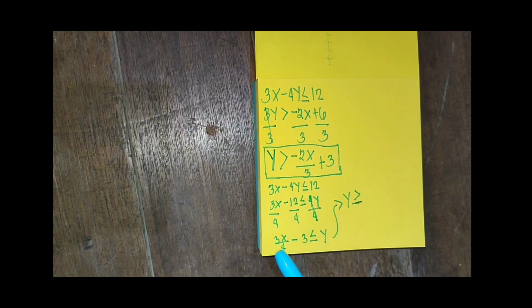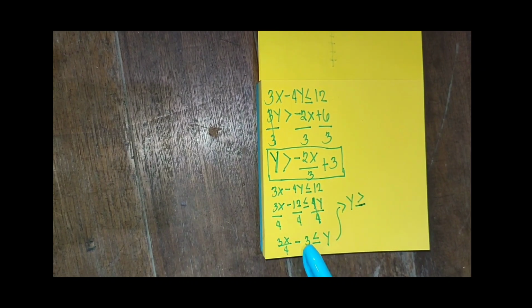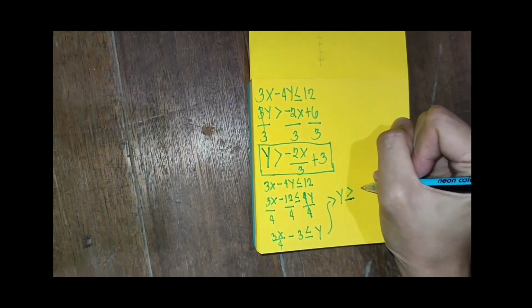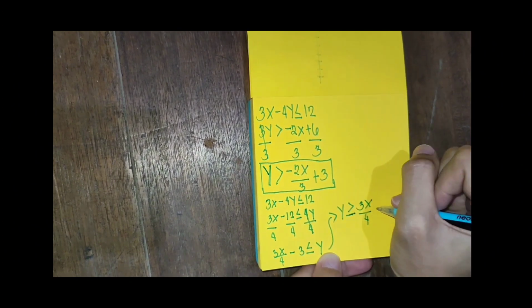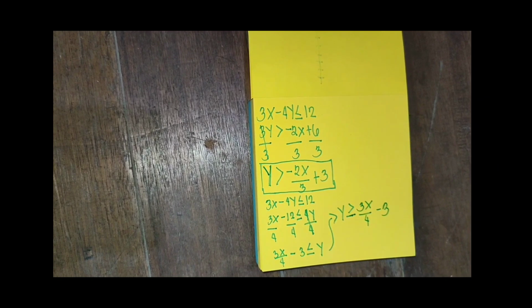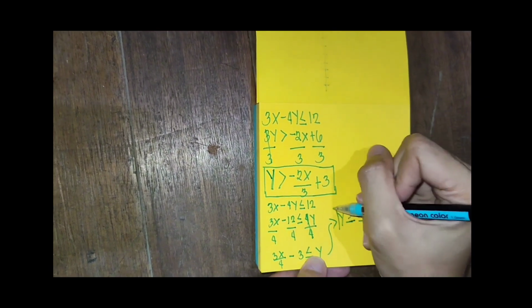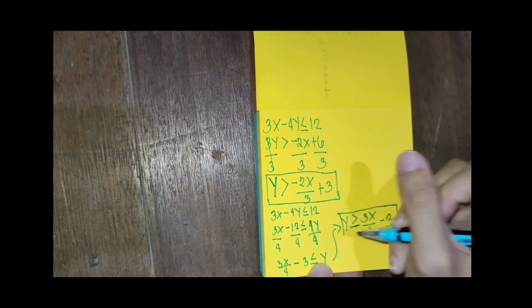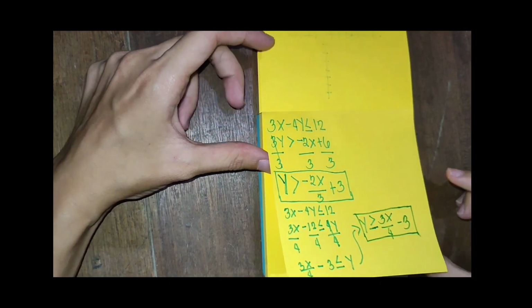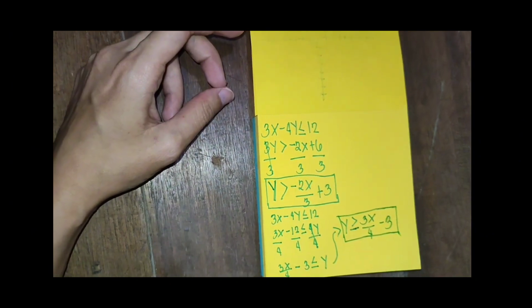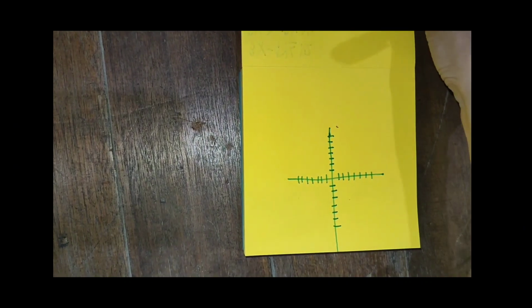Positive pa rin to, tapos ito negative. So, 3x over 4 negative 3. Ito na yung final answer natin. Copy lang natin dito para di tayo malito.